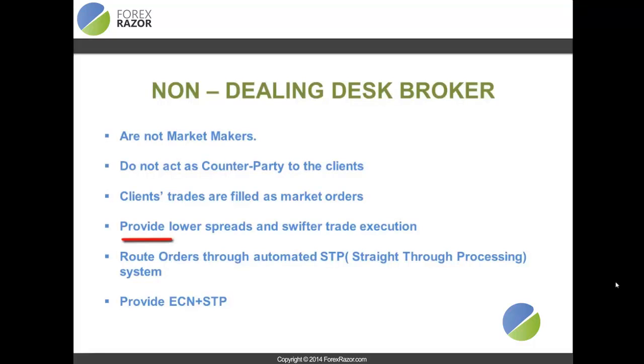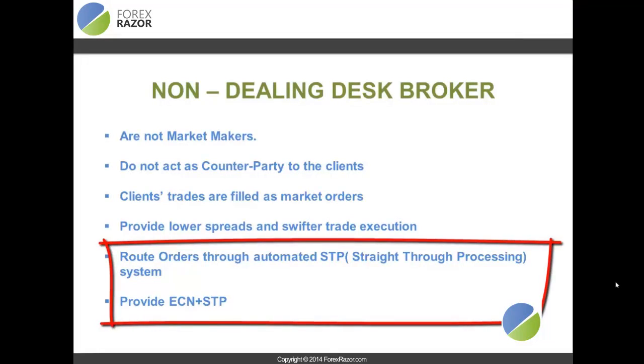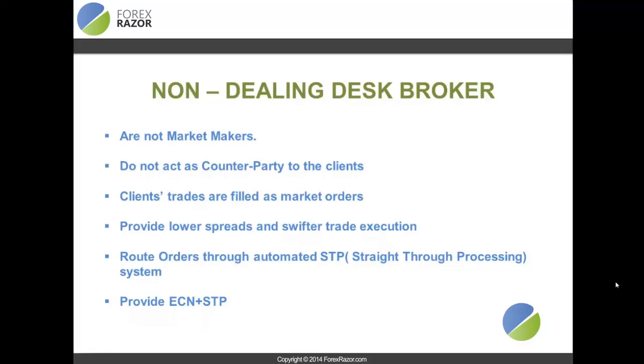In doing so, they provide lower spreads and swifter trade execution to their traders. An NDD broker routes the orders through an automated STP system, that is the straight-through processing system, into the ECN or the electronic communication networks for them to be filled at the best available market prices.